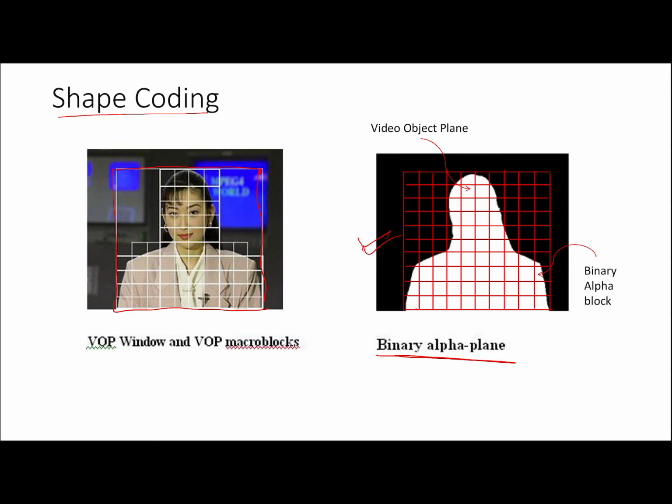So a bounding box is formed around the object of interest. Then this bounding box is divided into blocks as shown here, and there are solid blocks like this one that belong to the object.